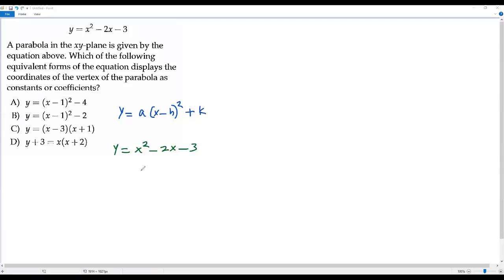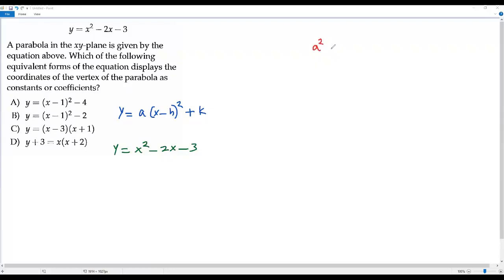Actually, this quadratic function is in general form. To convert the general form to vertex form, we have to use the completing the square method. To use it, I need to be aware of two algebraic identities.